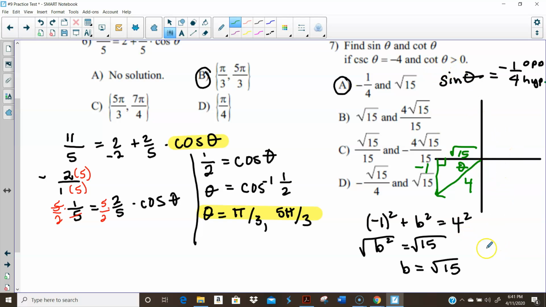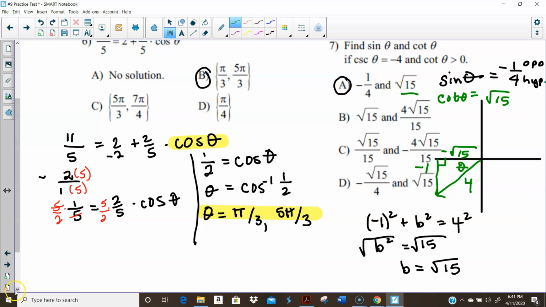So the cotangent of theta is equal to, by the way, this is left, so you can put the sign on there because it should come out positive. So it's root 15 over 1, which is just the square root of 15.